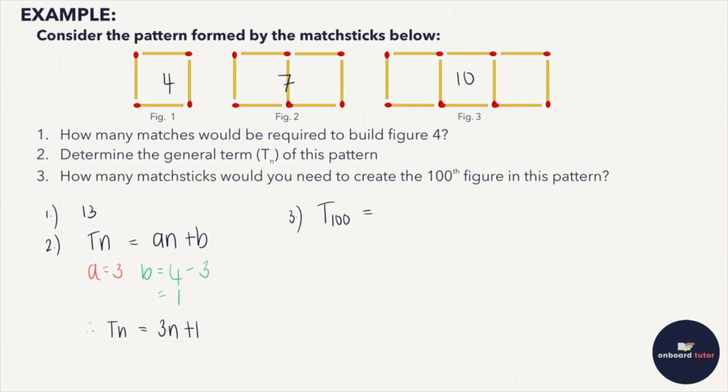So I've got my general term, and everywhere that I see an n, I am going to interchange it now with 100. So 3, I substitute using brackets, and so I end up with 300 plus 1, which means 301 matches will be required to create the 100th term or the 100th figure in this pattern.